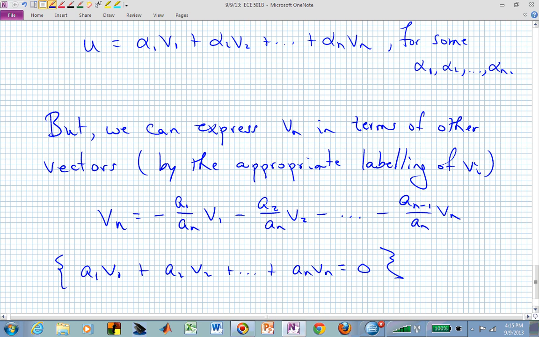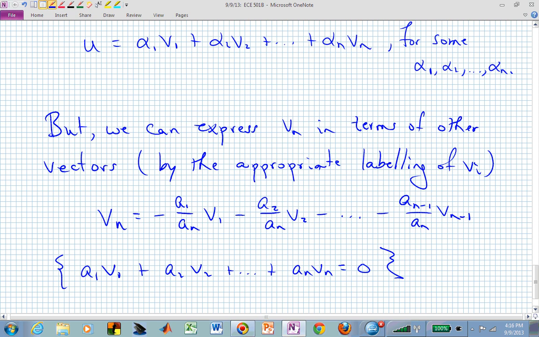So this should be v sub n minus 1. Yes. So this v sub n we have now expressed as a linear combination of the other n minus 1 vectors.